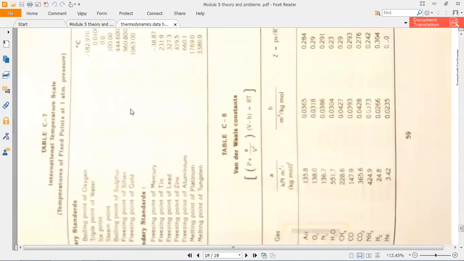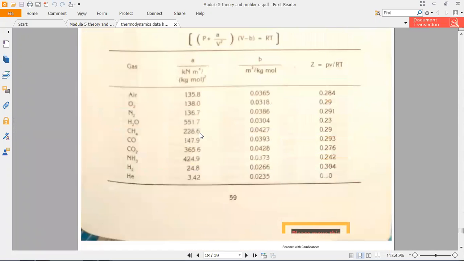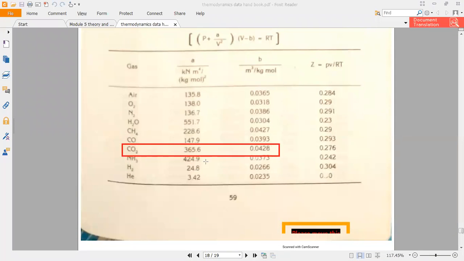Same table, carbon dioxide, collect the a and b values. See, a is in kilo, so multiply by 10 to the power of 3. Here you can see that it is in kg mole, means kilomole is there.